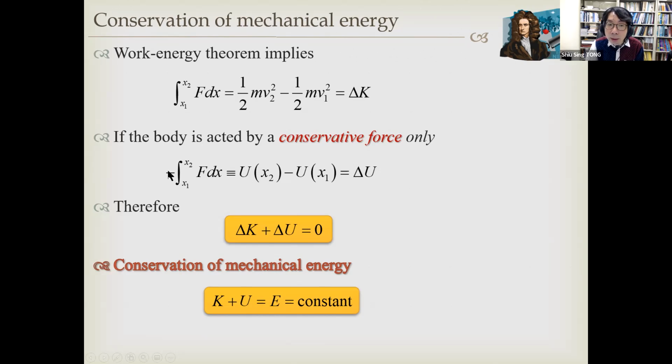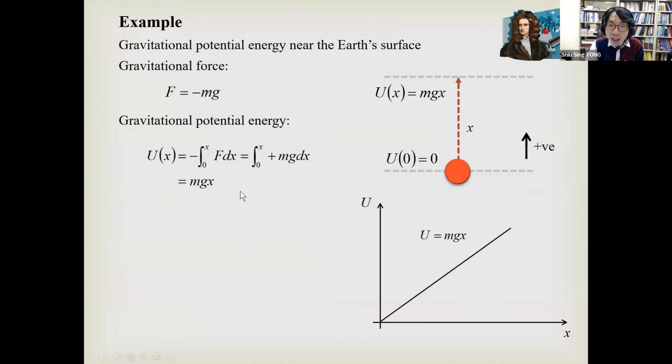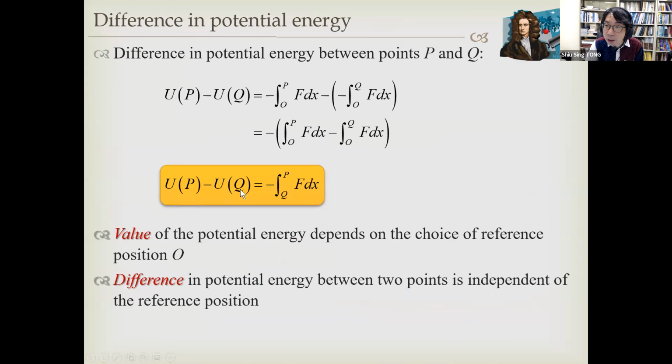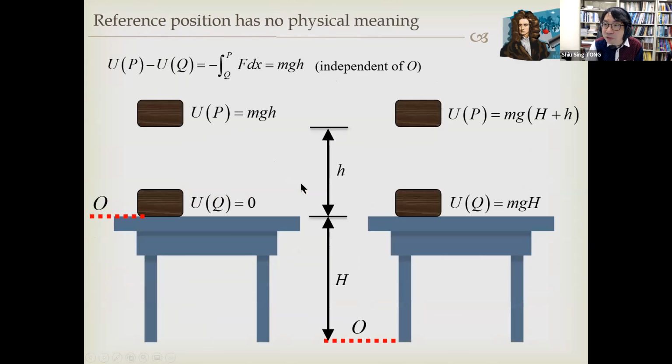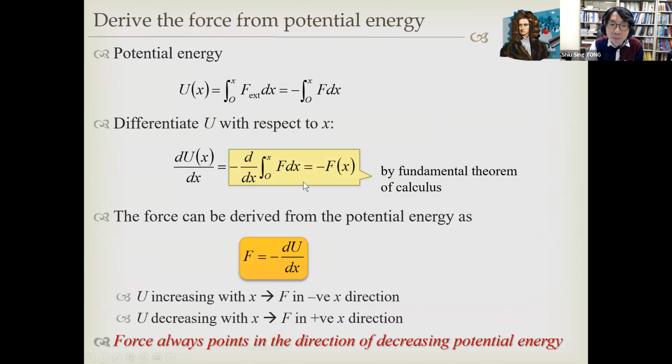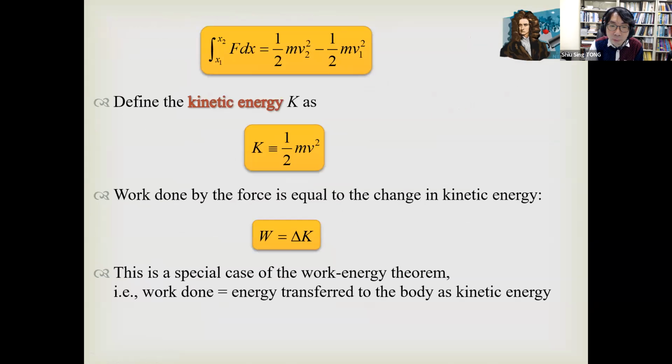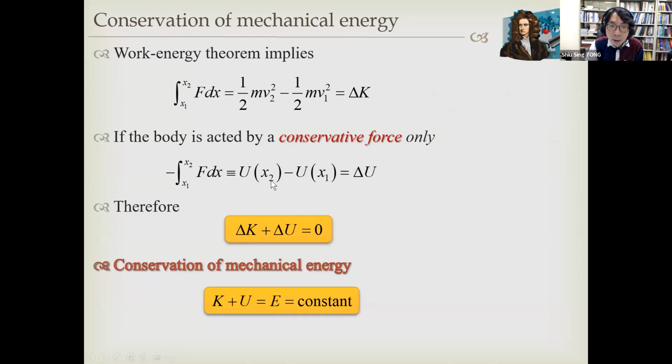If you remember what we said in the last lecture, UP minus UQ is minus the integral of the conservative force from Q to P. So if F is a conservative force, then minus the integral of F from x1 to x2 equals U(x2) minus U(x1).